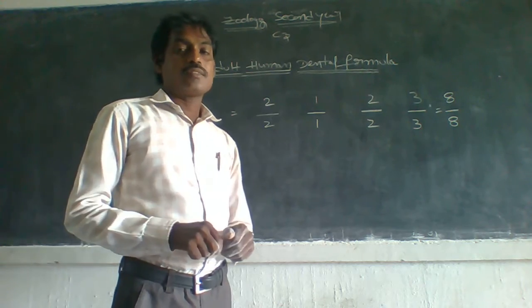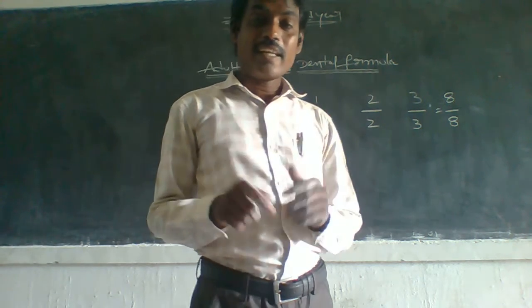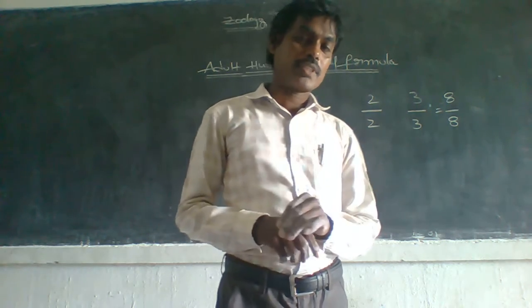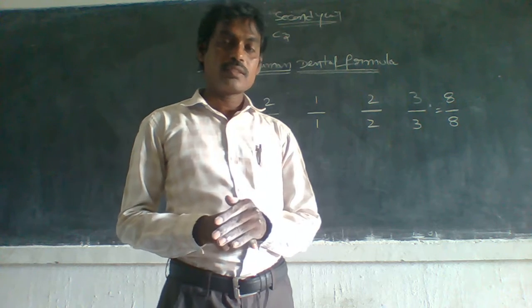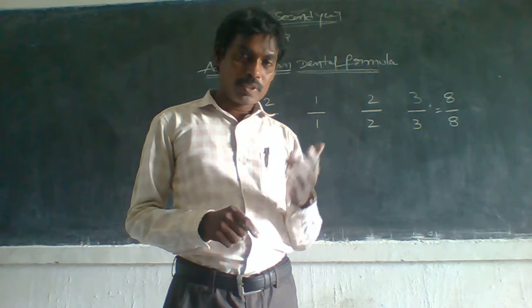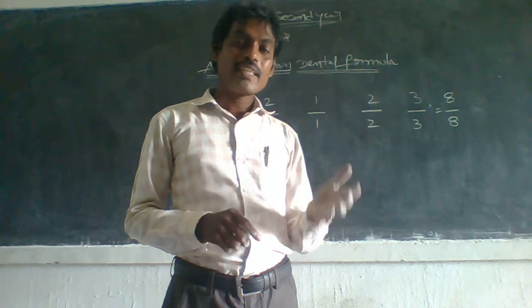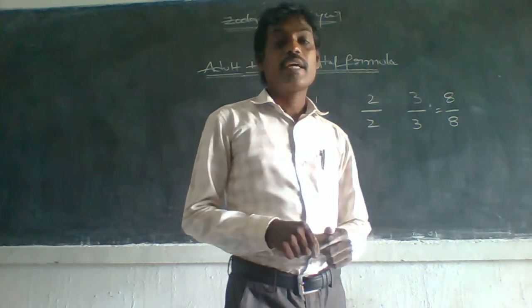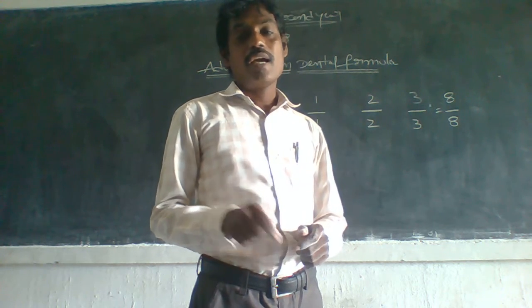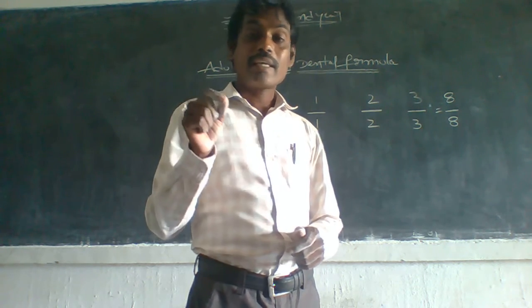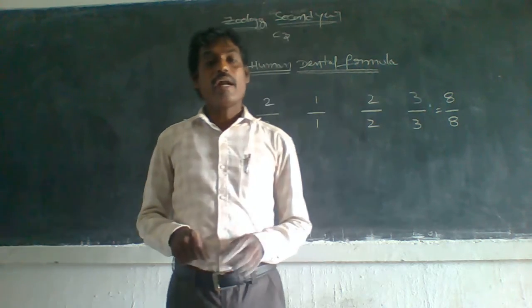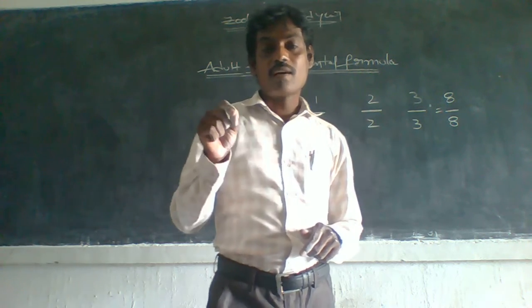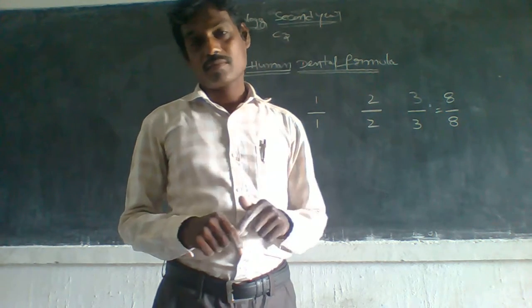Adult human beings have 4 types of teeth. The first one incisors, the second one canines, the third one premolars, and the fourth one molars.